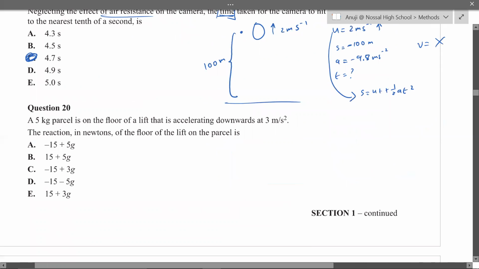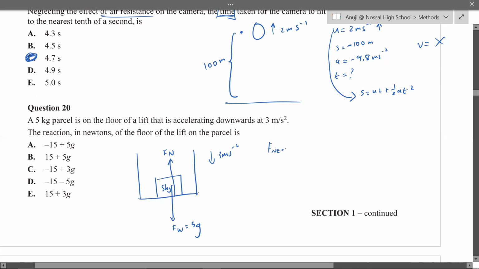Question 20. So there's a lift. There's a 5 kilogram parcel, so the weight force is 5G. Then there's a reaction force, and the whole lift is accelerating downwards at 3 meters per second squared. So we have to use Newton's second law here.